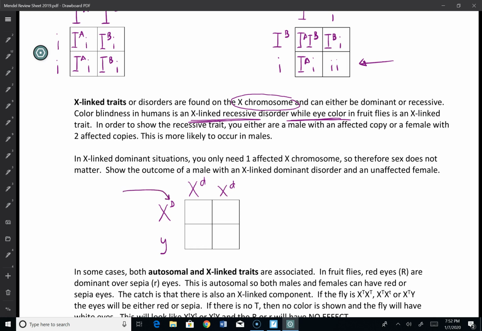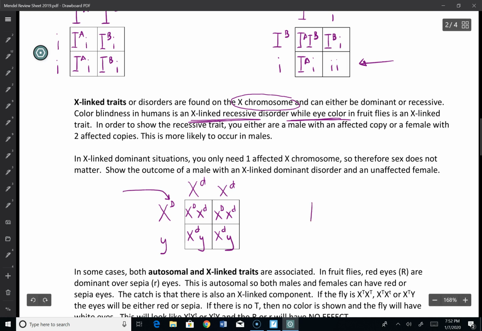Well, unfortunately for all of the girls, they are all going to have whatever it is because they got the capital D from their dad. And since it's dominant, it actually beats over the lowercase d, and that's what happens. But in this case, good news for the boys, none of them are going to have an X-linked dominant disorder. So in the world of dominant disorders, boys got away with one if dad was affected.